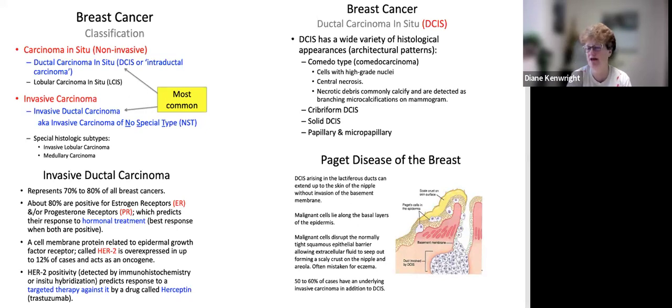You've learned about variants of DCIS, how it has different grades, how it has different patterns, and how a variant of DCIS can cause Paget's disease of the breast, which looks a bit like breast eczema, but on biopsy shows cancer cells within the epidermis.